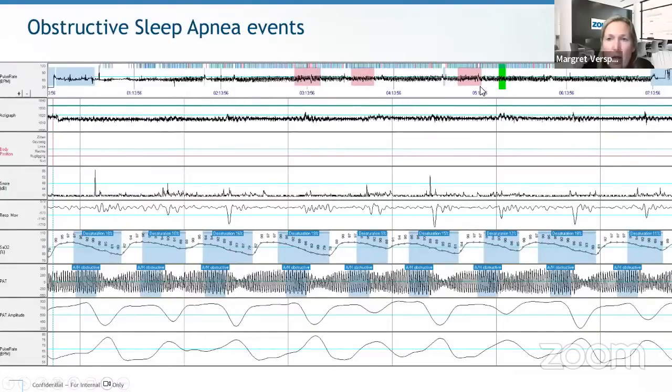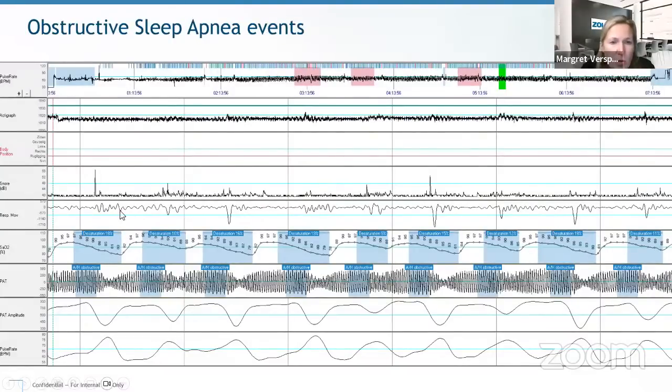This is the actigraphy channel, and this is the body position. The patient is in supine position. This is the snore, the sound. You can see that when there is an arousal, there is some deeper breath, there is some snore in this patient.